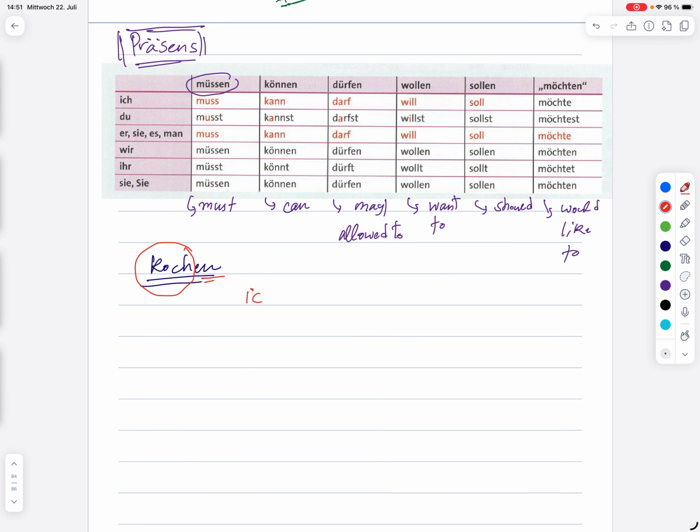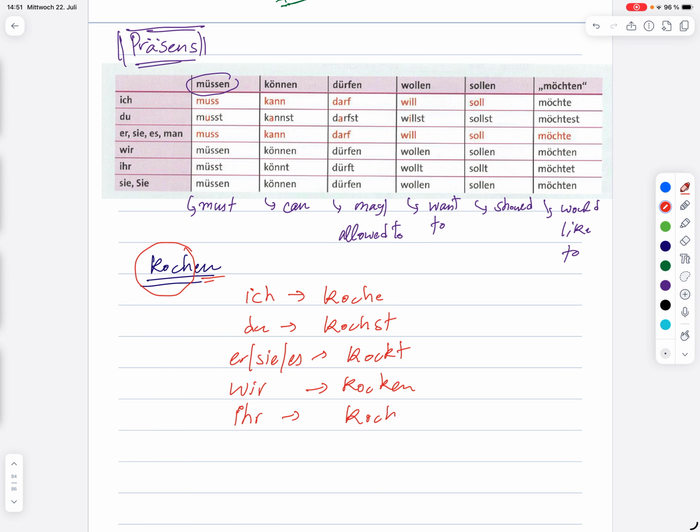So ich koche, du kochst, er sie es kocht, wir kochen, ihr kocht, and then sie and capital Sie kochen.